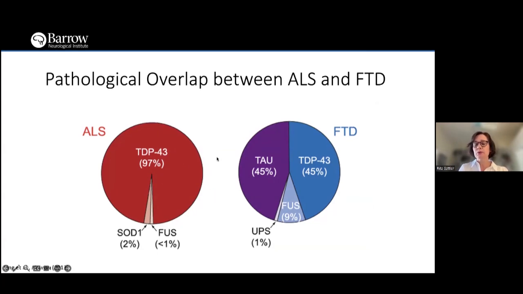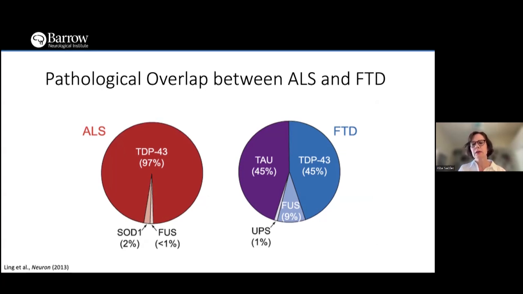TDP-43, as most of you probably know, is an RNA-binding protein that is usually located in the nucleus of a cell where it manages RNA processing events such as splicing, and is mislocalized in disease to the cytoplasm where it can aggregate into toxic aggregations.